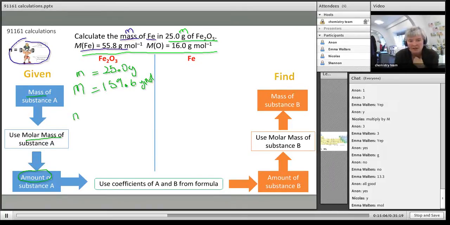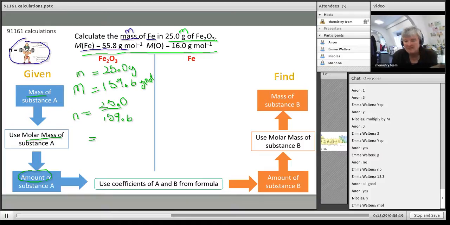So my n is going to be equal to 25, which is my mass, and it should ideally be 25.0, divided by 159.6.